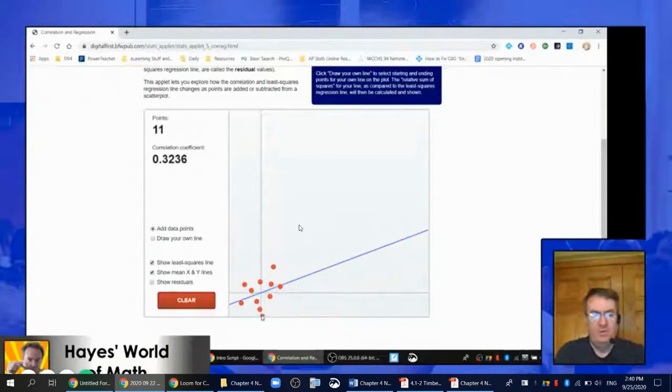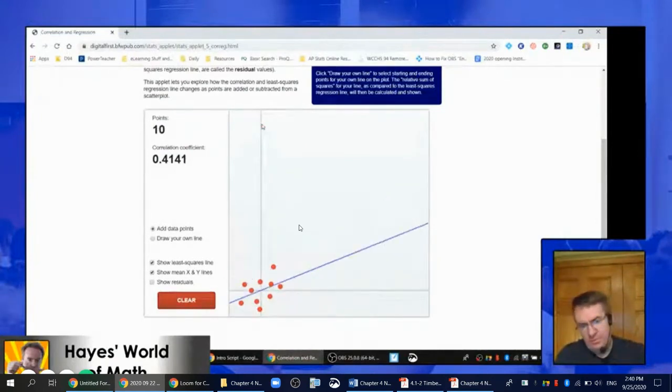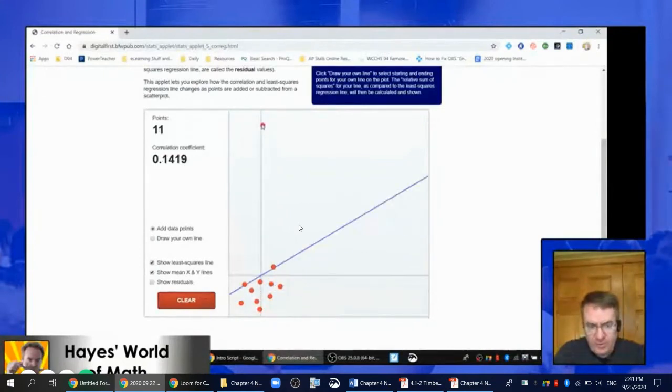But interestingly enough, look what happens to the slope. Nothing's changing. You're just changing the y-intercept. The same thing happens when you go up on top. The correlation coefficient goes down, and the y-intercept changes. It drifts towards the outlier, but the slope stays the same.